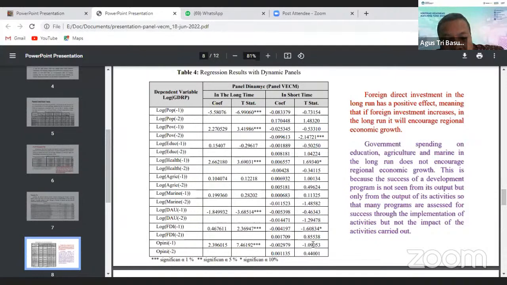If the production of Freeport increases, only a little is given as value added from Indonesia. Now Jokowi has a program to increase value added from industry.